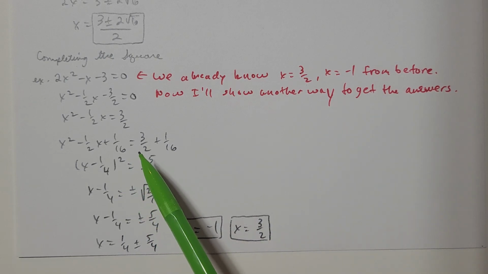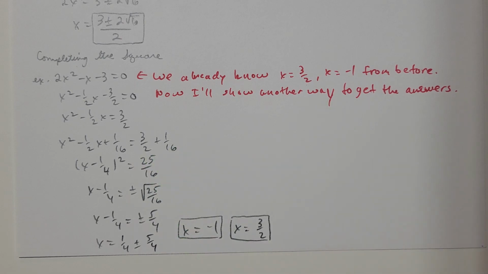Well, 3/2 is the same as 24/16. 24/16 plus 1/16 would be 25/16. And the next thing is we're going to have to use this square root property. By the way, you always learn the square root property before completing the square, because in the process of completing the square, you have to use the square root property.